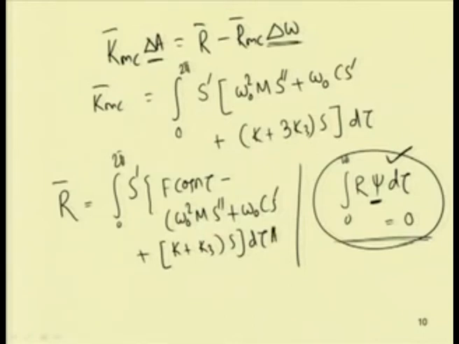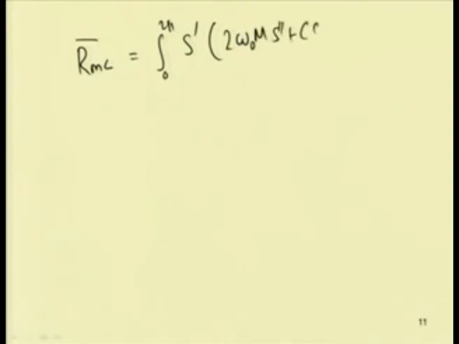Similarly, this r m c bar will be equal to the integral from 0 to 2 pi of s dash, this is transpose of s, multiplied by 2 omega 0 m s double dash plus c s dash, d tau into a.